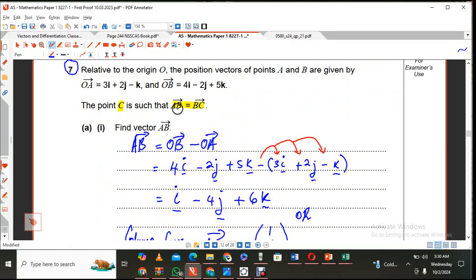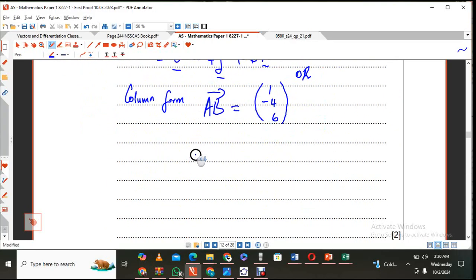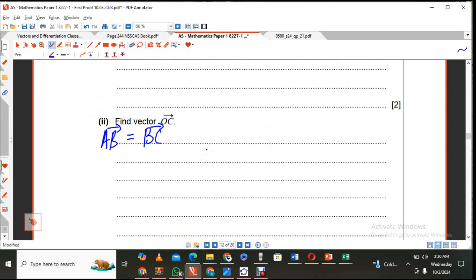BC is equal to AB, because we know what AB is. Now, what is BC then? If we use our position vectors, BC is OC, which is the terminal point, minus the initial point, OB.